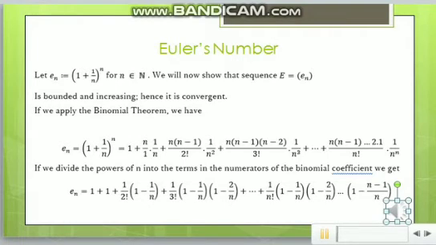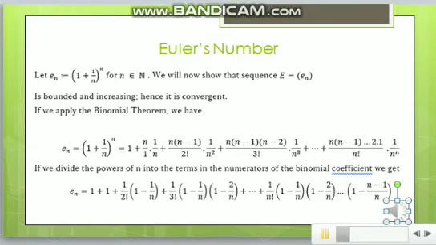Euler's number. Let e_n = (1 + 1/n)^n for n ∈ ℕ. We will now show that the sequence e_n is bounded and increasing, hence it is convergent.